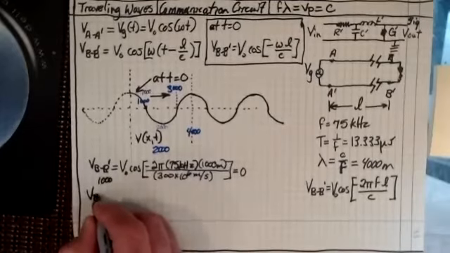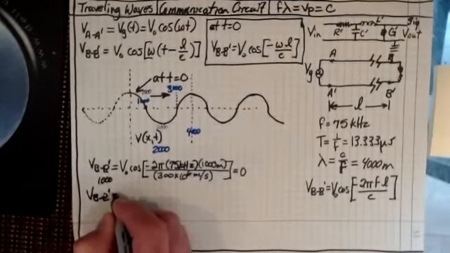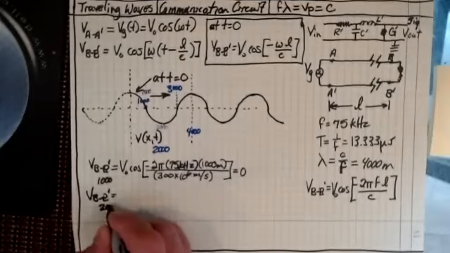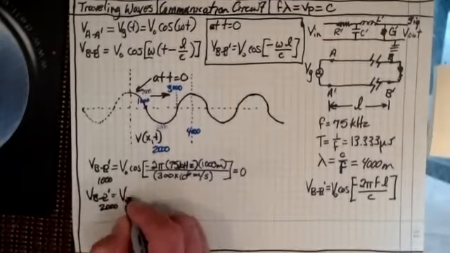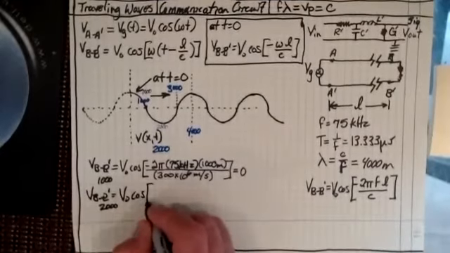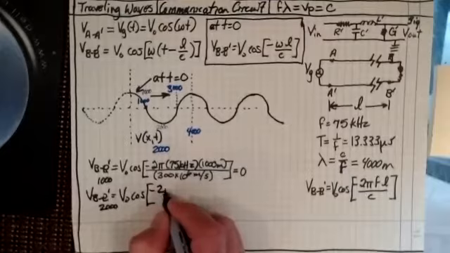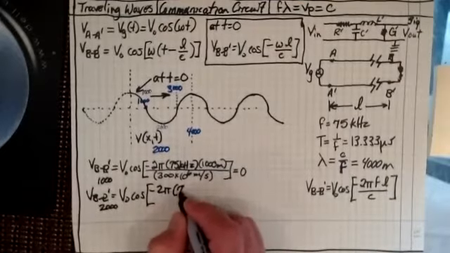So B prime at 2,000 meters is going to be V0 times the cosine, and everyone can see that it's going to turn out to be that, I'm sure.